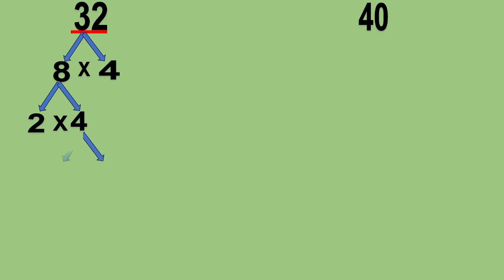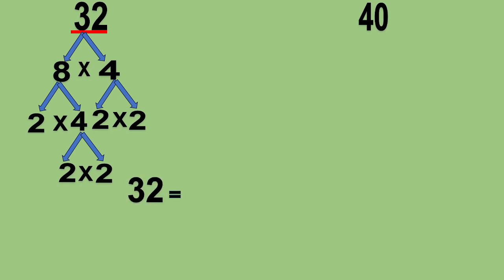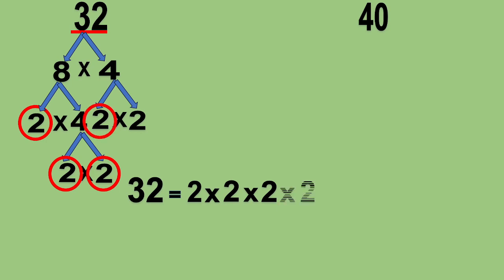And 4 can be factored into 2 times 2. And 4 can be factored into 2 times 2. Now, let's list the prime factors of 32. We have 2 times 2 times 2 times 2 and times 2.